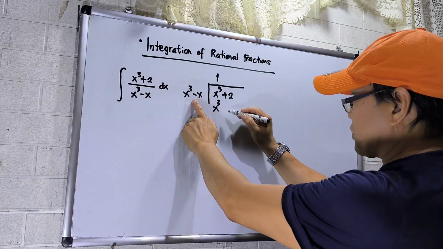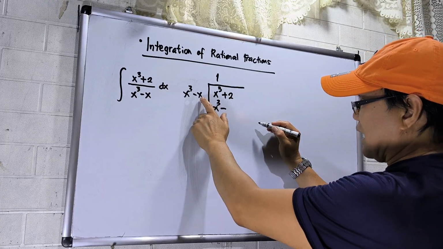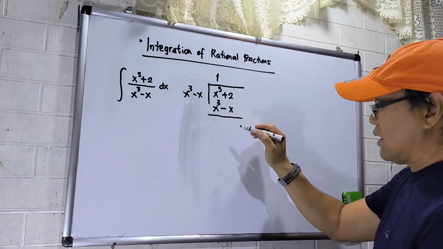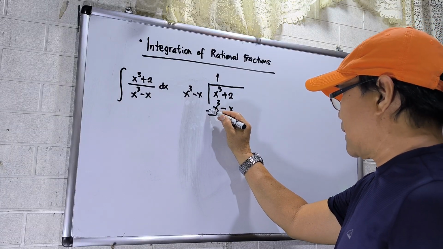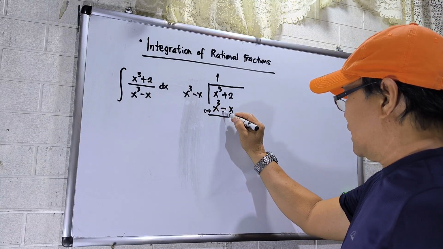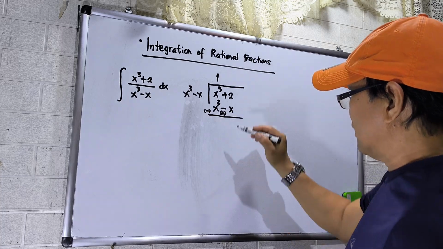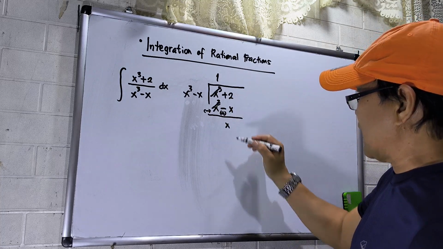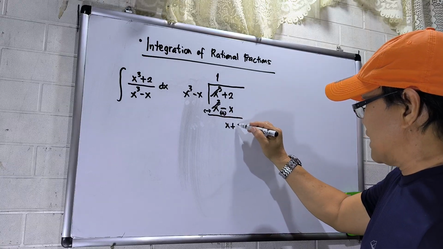Then minus 1 times x, that will be x. The rule in division is you have to change the sign of the product, so this will be negative and this will be positive. The x cubed will be crossed out. Now bring down x and then bring down plus 2.